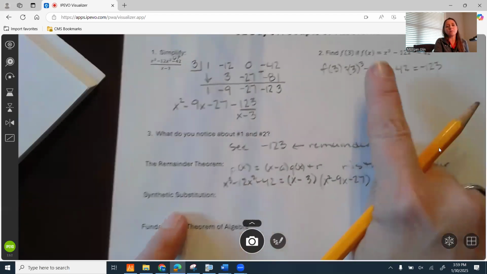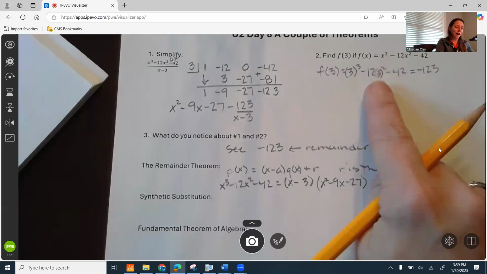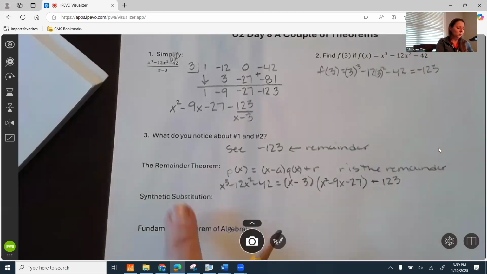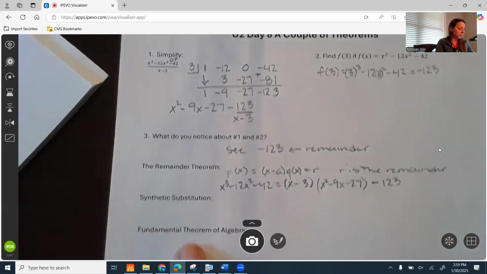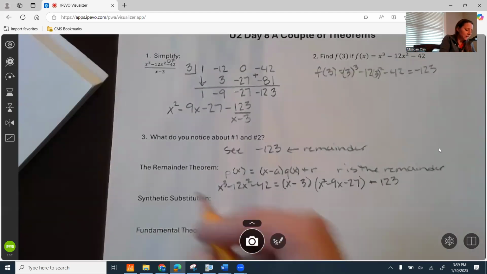Now, what I did up here in number 2, we call this synthetic substitution. I'll deal with more of synthetic substitution and the fundamental theorem of algebra, but synthetic substitution says this.